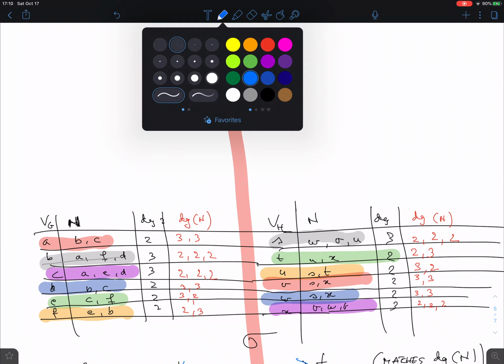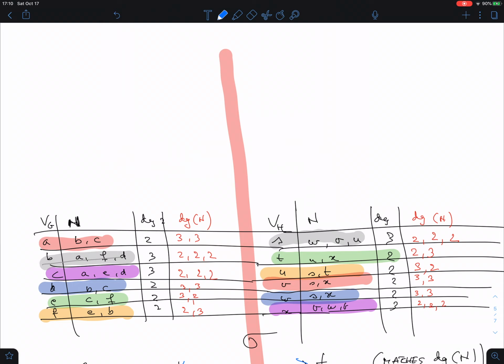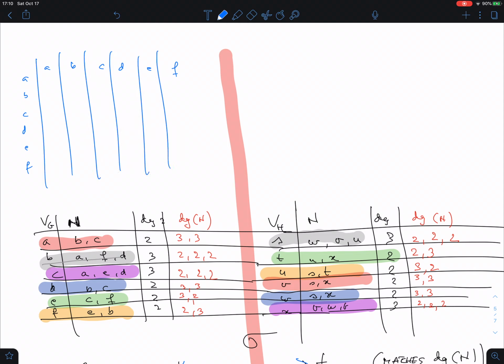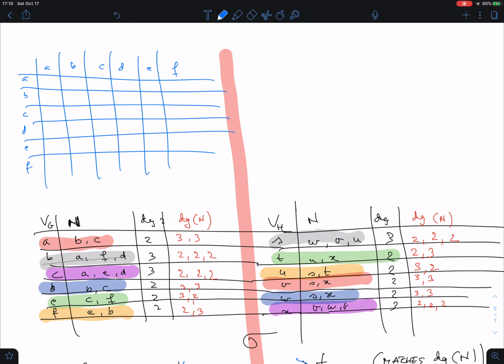So I'm going to make the adjacency matrix. So remember that is A, B, C, D, E, and F, and then also A, B, C, D, E, and F. Otherwise I'm going to make mistakes, so I'm going to draw lines here. That's not normally part of the matrix. I'm making it more into a table, but after all, it's the same information. I'm not going to make this for H yet, and you'll see why.